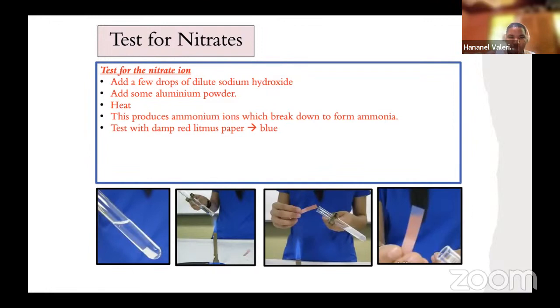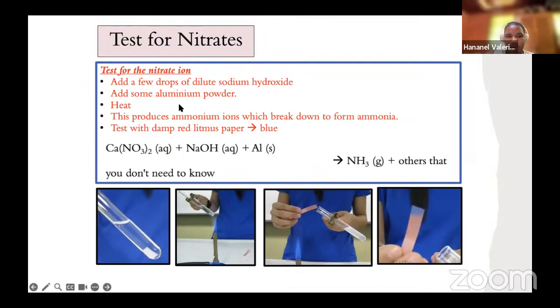So essentially, confirming the test for nitrates is forcing it to form ammonia and then testing for the ammonia. That's just because in the presence of a metal, in the presence of the hydroxide under heat, we're going to get that to form ammonium hydroxide. And that will be converted back to ammonia like we saw in the reaction earlier on, right? So this we don't need to know, but it results in forming the gas.